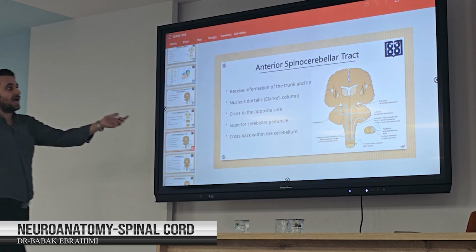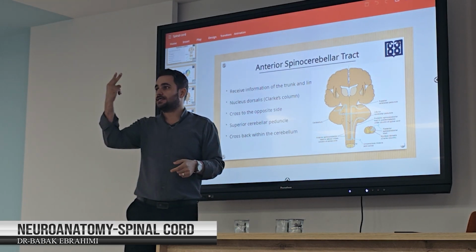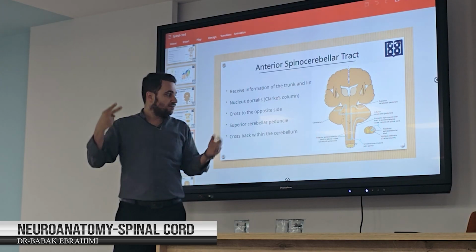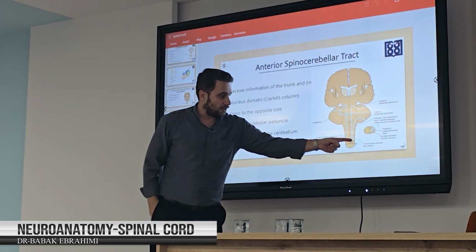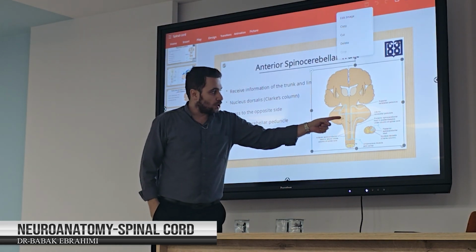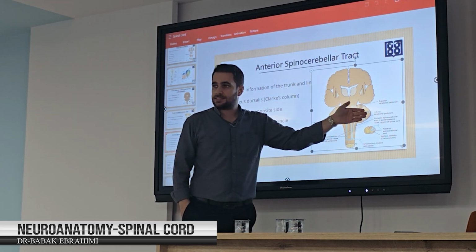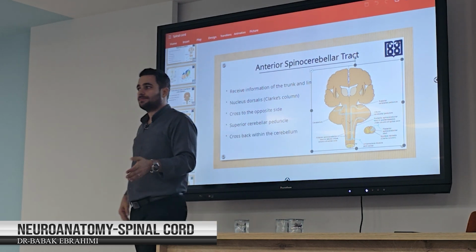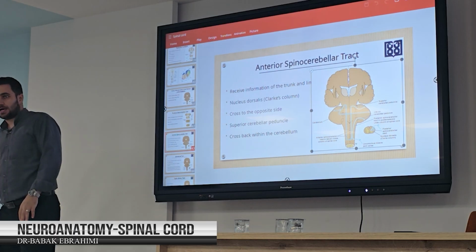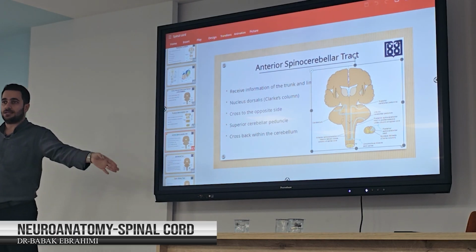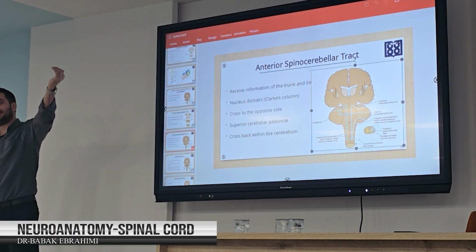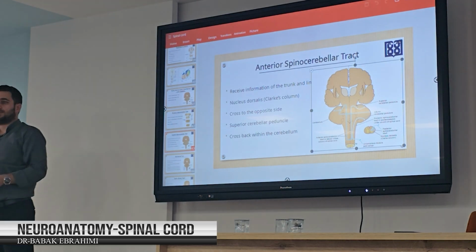So in this track we have two crosses. Okay? One of them at the spinal cord goes to cerebellum, another cross at the cerebellum. So it means that it is started from the right side, goes to left side, goes to cerebellum, and again come to right side. Something like this.